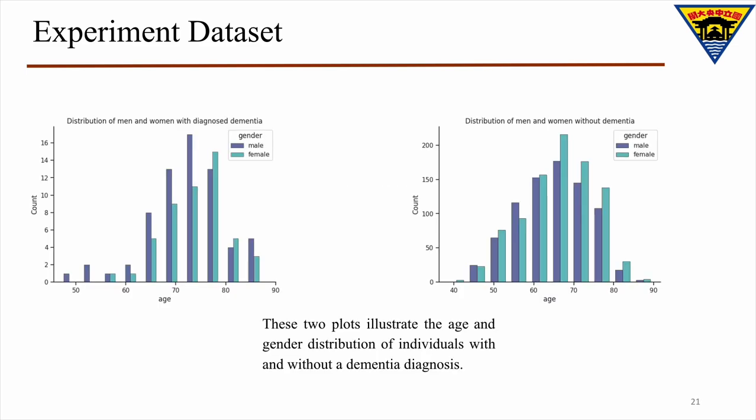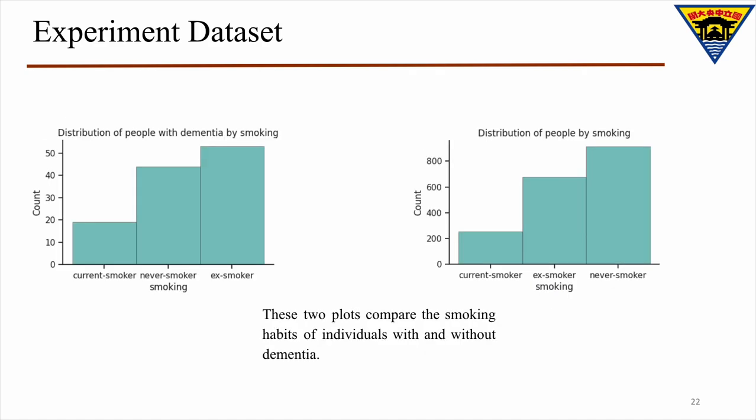In these two plots, we can find the age and gender distribution of individuals with or without a dementia diagnosis, and higher age may lead to a higher diagnosis rate of dementia. And here are the smoking habits of individuals with dementia or not.